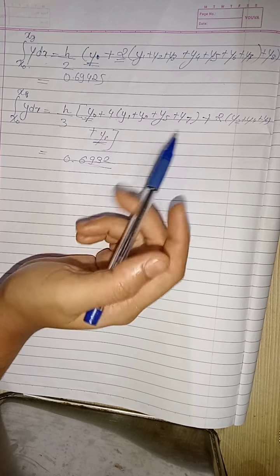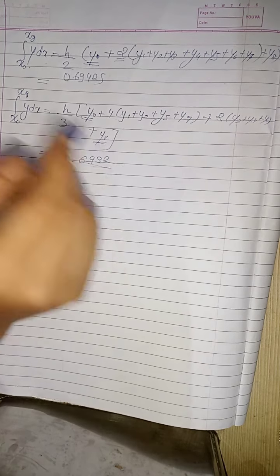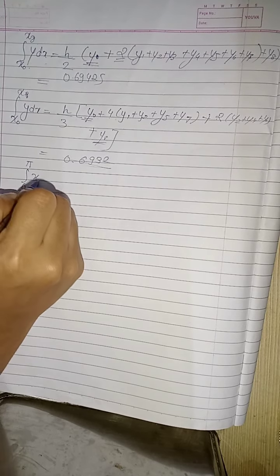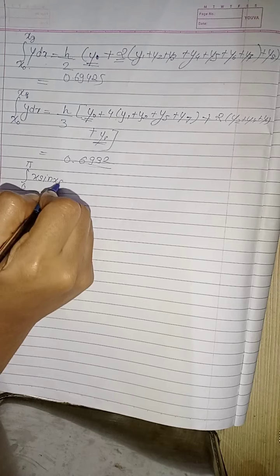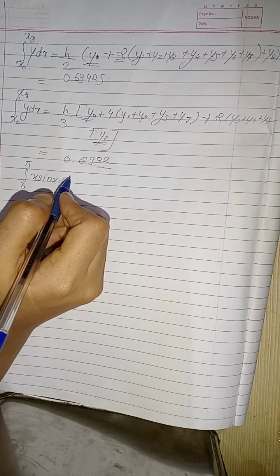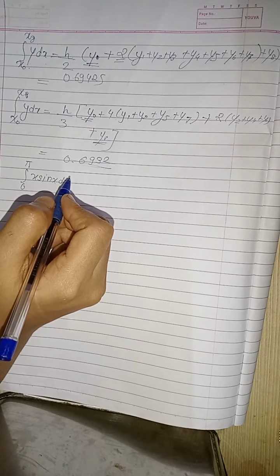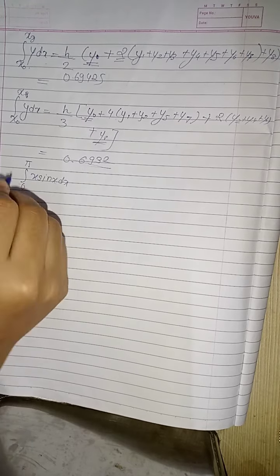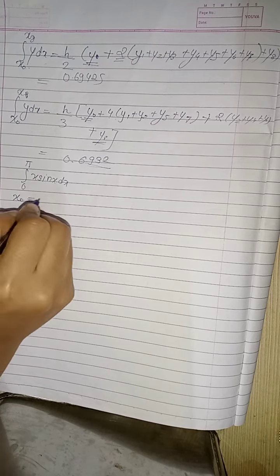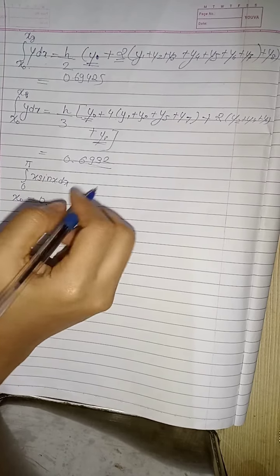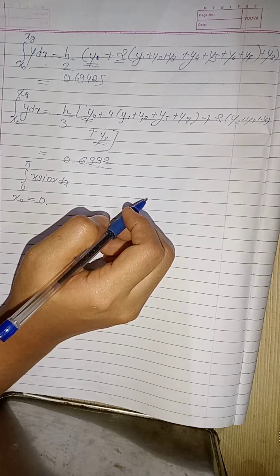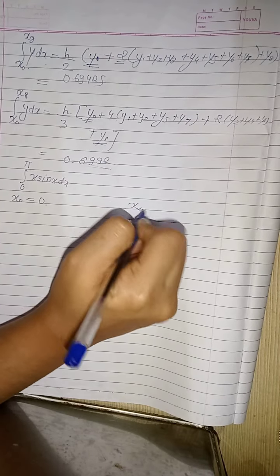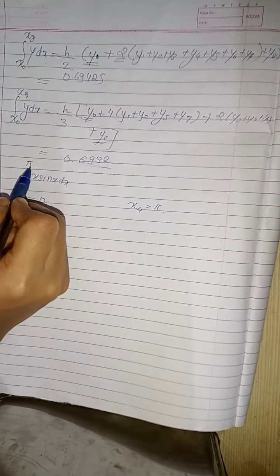Now we have the next sum, that is integral 0 to pi x sin x dx. For this we have to solve using the trapezoidal rule with five coordinates. So we need five coordinates, which means x0 is 0 and we have to consider x4 as pi because that's the last point.